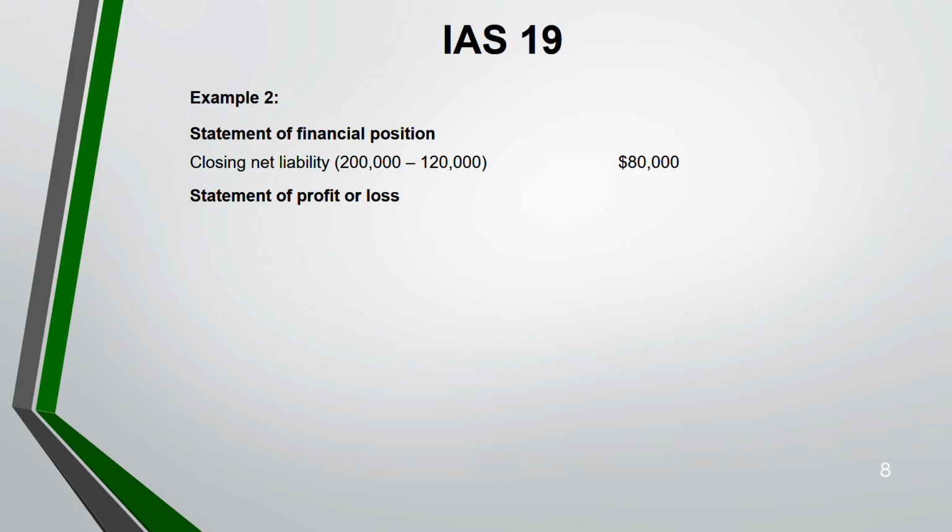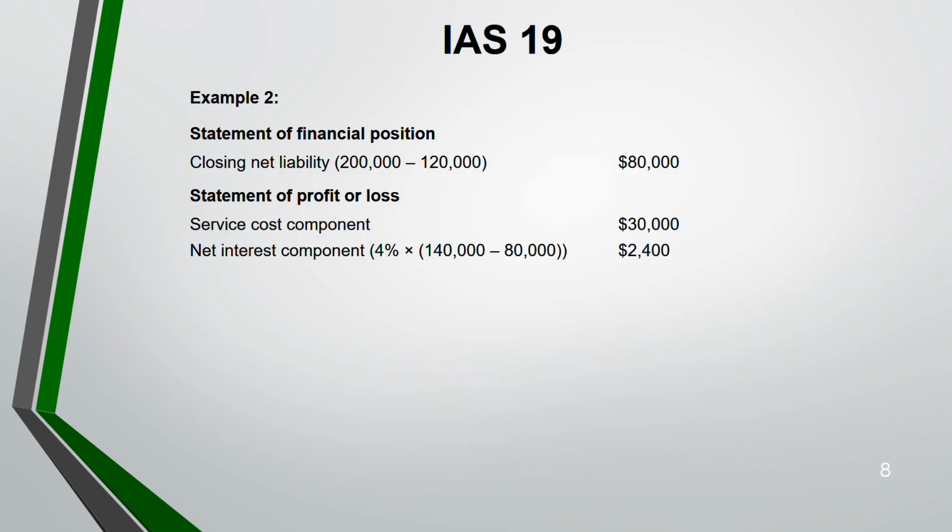Next, statement of profit and loss. Service cost component 30,000. Net interest component will also go. How are you going to get the net interest component? On your asset, the fair value of plan assets.